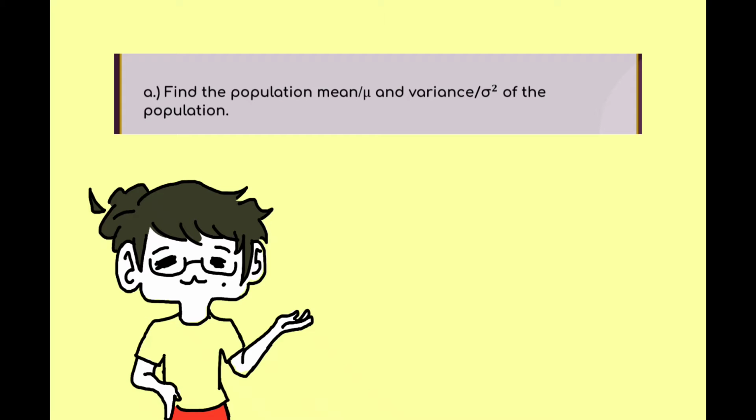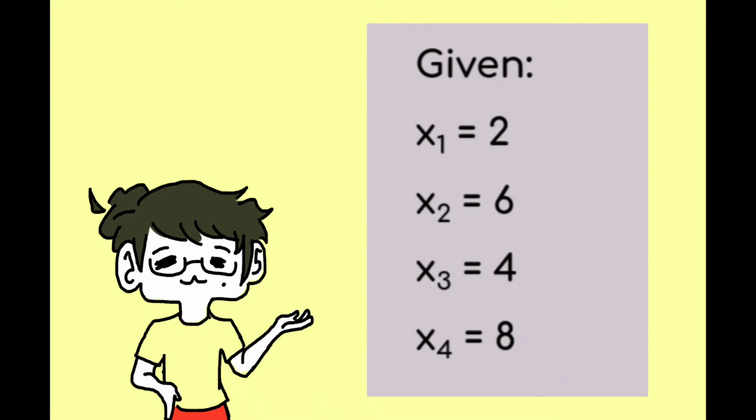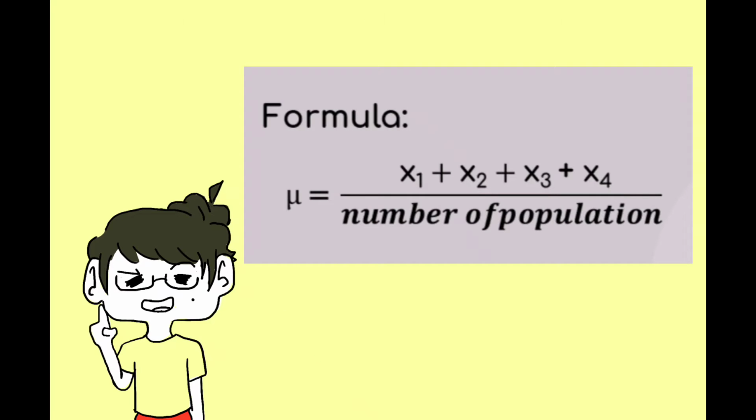So let's start with answering letter A. We have to find the population mean and the variance of the population. We are given 4 data which consist of 2, 6, 4, and 8. I've categorized them like this to properly show where they're going to be placed in the formula. This is the formula that we are going to use.